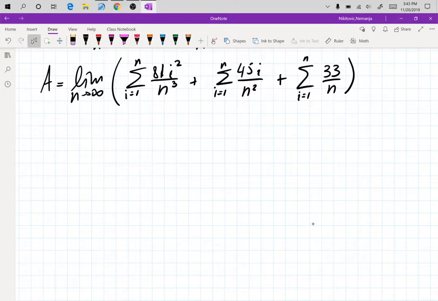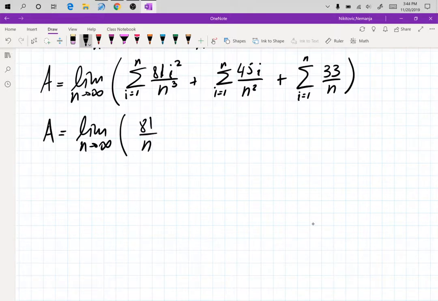Cool. Now, what I said is we kick out all of the terms that don't involve the variable. So the area equals the limit as n goes to infinity. For the first sum, 81 over n cubed has nothing to do with the variable, and then the summation of i squared going from 1 to n.